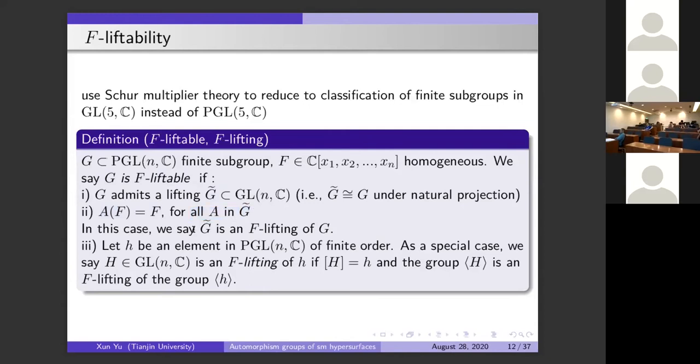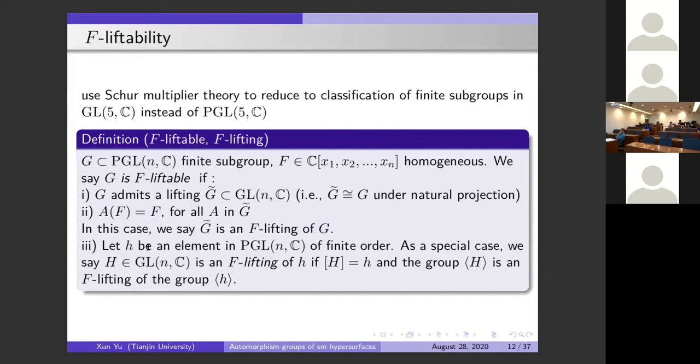Then we say this G tilde is an F-lifting of G, and in other words, G is F-liftable. So that's F-lifting. The critical part is that for the lifting, AF is equal to F, with no constant multiple here.